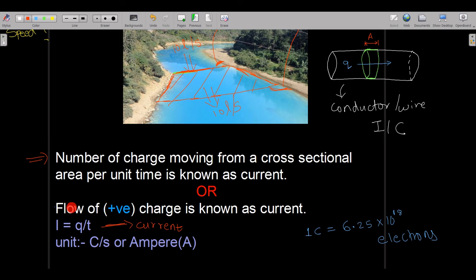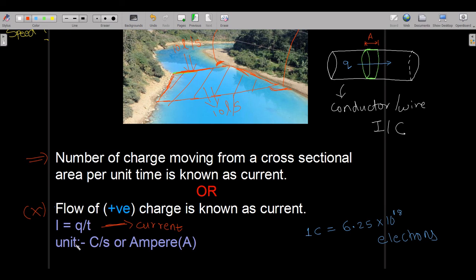A flow of positive charge is known as current, but I won't recommend this definition because it is not that scientific, though it looks good in terms of science.